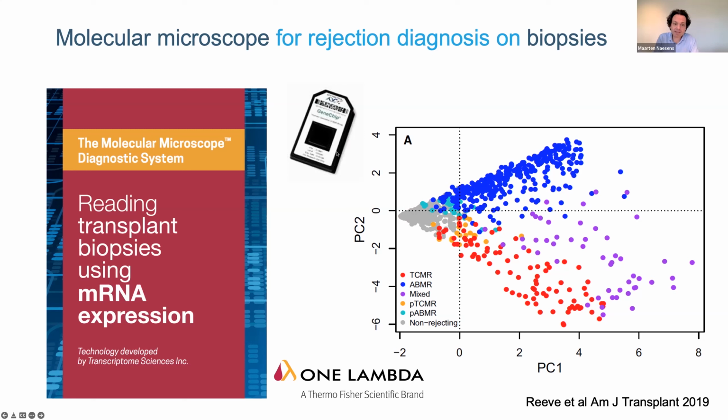Affymetrix gene chips, so microarray expression analysis of the whole genome, to enable reclassifying cases according to the different types of rejection.